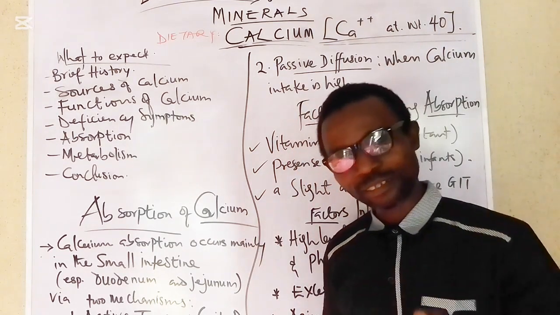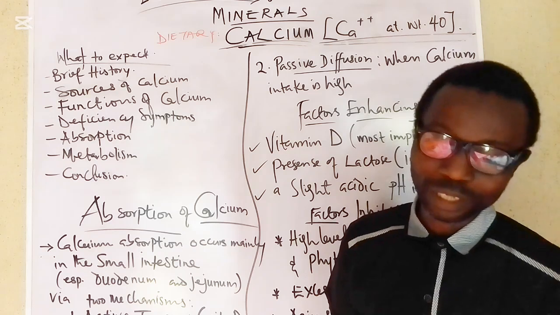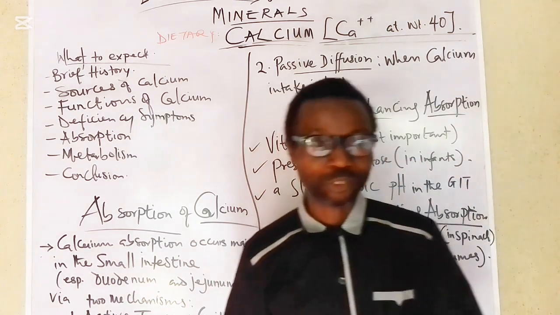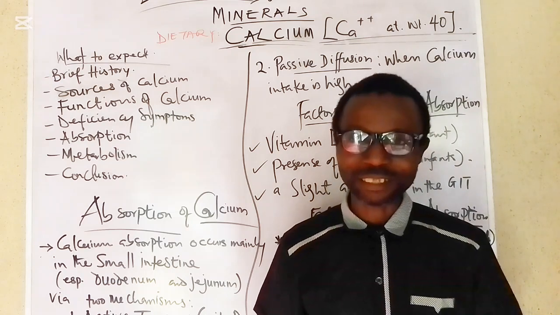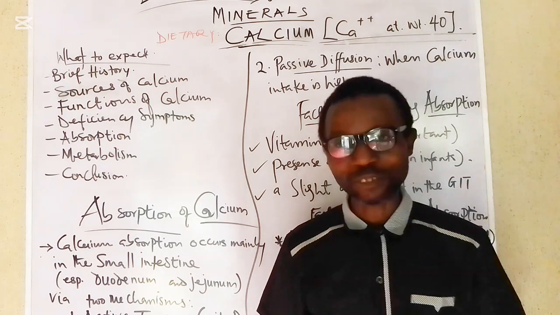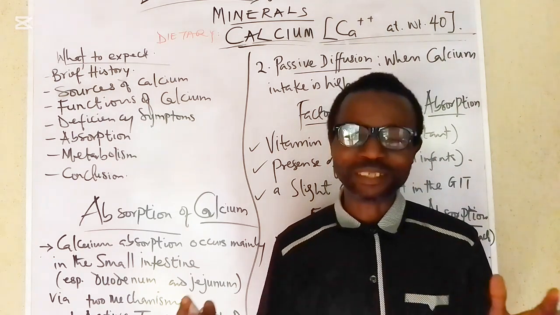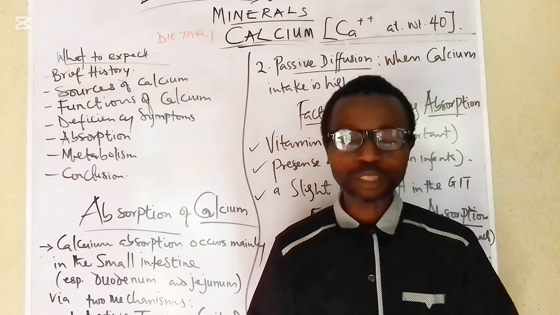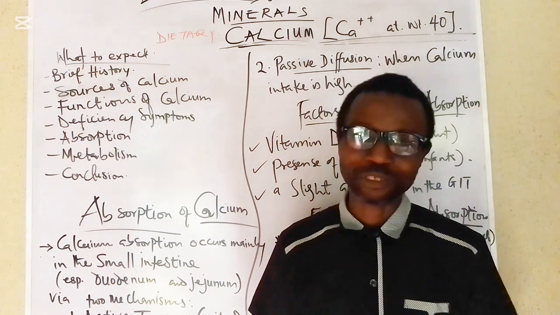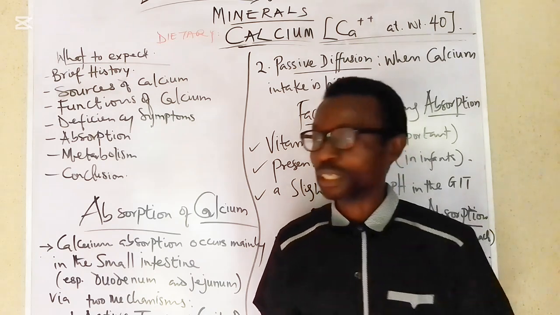Now in the last class I talked about some key facts about calcium: that 99% of the calcium in the body is in the bones and the teeth, and also that 9 to 12 milligrams of every 100 mils of blood serum is calcium.